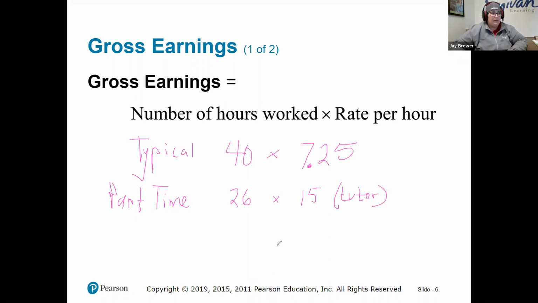But I make different amounts depending upon the many hats that I wear. The typical for part-time is about 30 hours. That's kind of like the max.